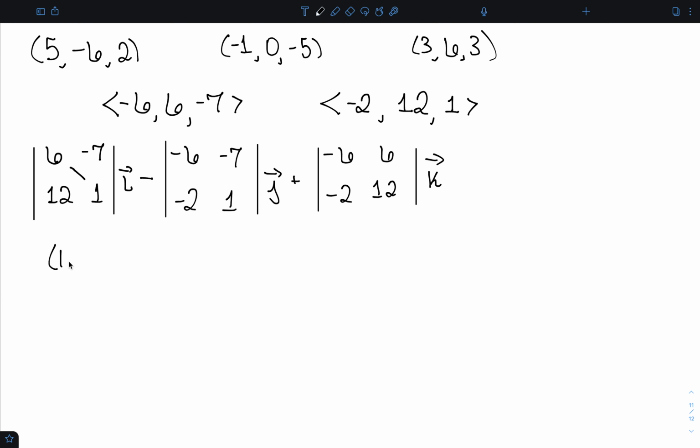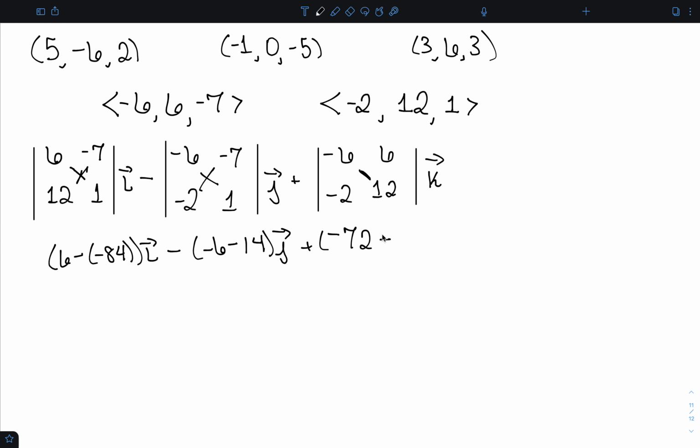This is 6 minus -84, i, minus -6 minus 14, j, plus -6 times 12 is -72 minus -12, k.